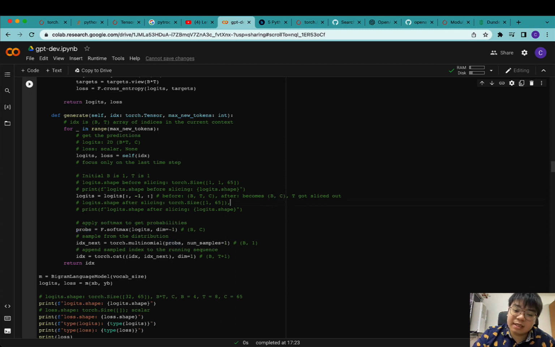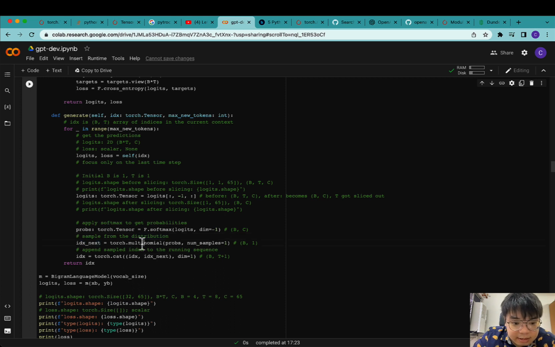So this BC, this BTC, is a torch tensor as well.